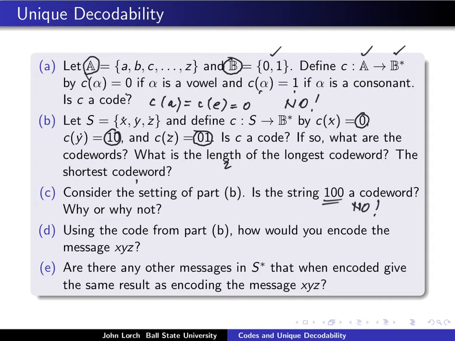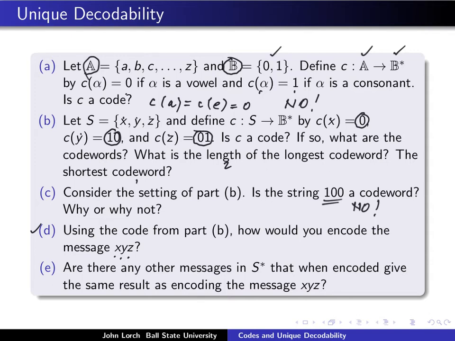Now, let's suppose we wanted to use the code from part B to encode a message that isn't just X or just Y or just Z. So in part D, we're asking, how would you encode the message XYZ? And the only thing that makes sense would be to first encode X, then encode Y, then encode Z, and then put the resulting strings together.